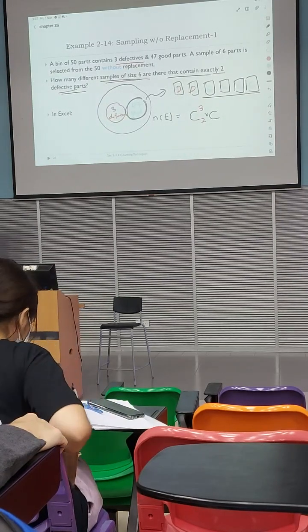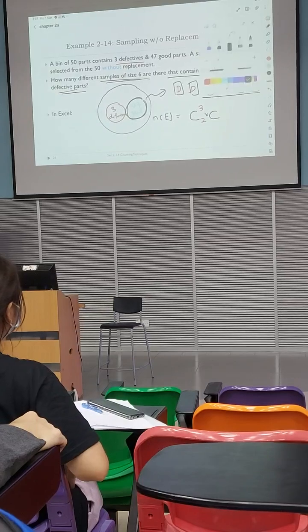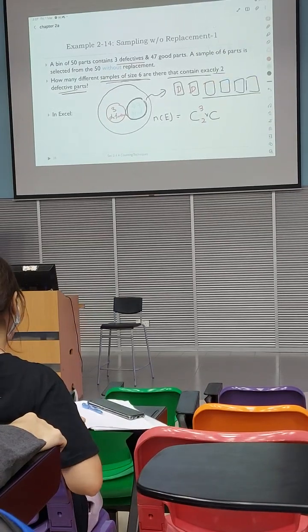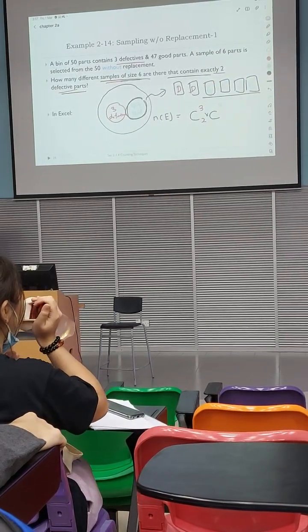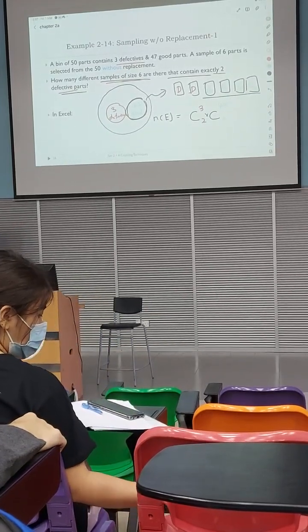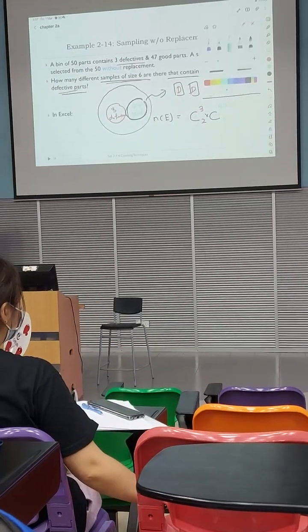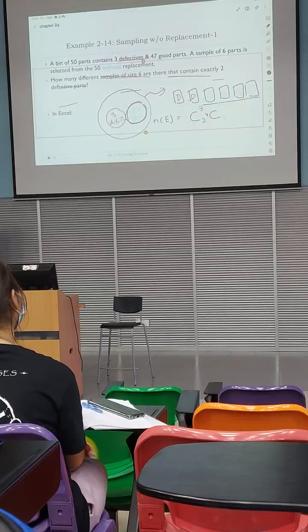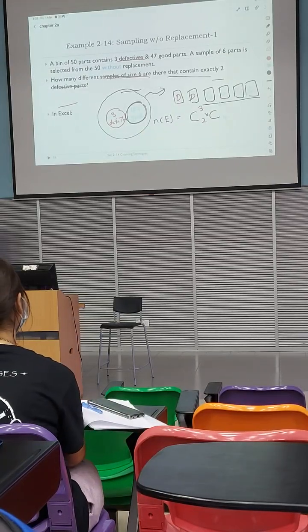Then how about the rest? I need 4 good ones. You must choose from 47, which are the good ones, and you choose 4. Can you calculate for me? What is the number of events that you will get from here?